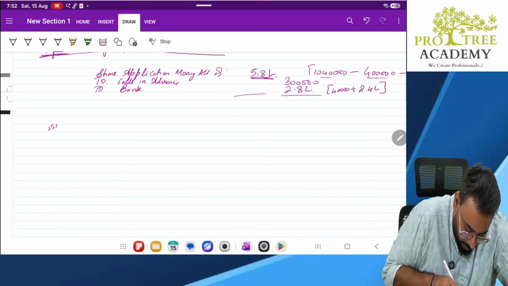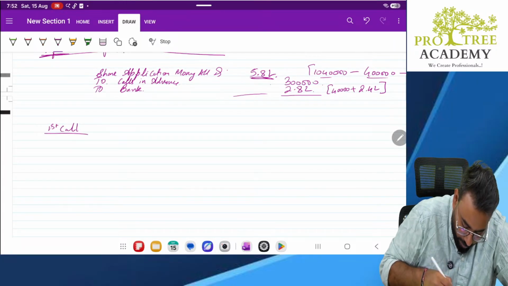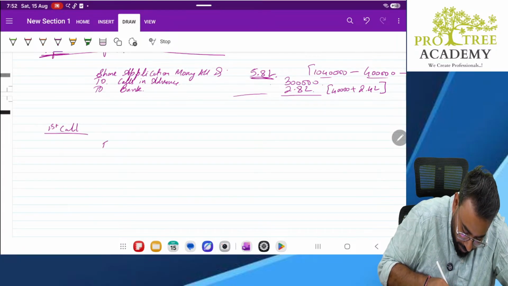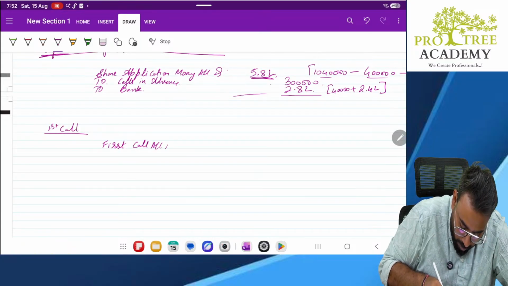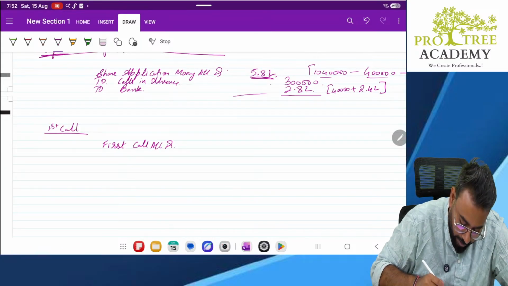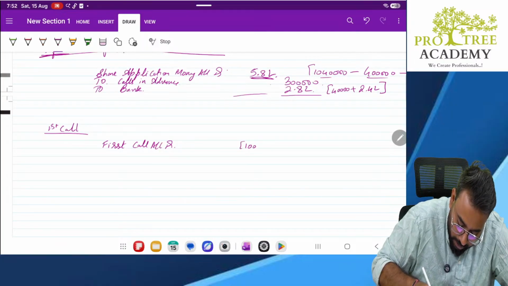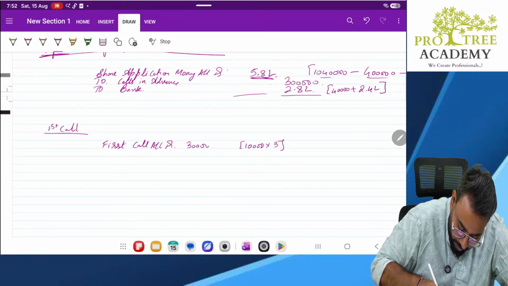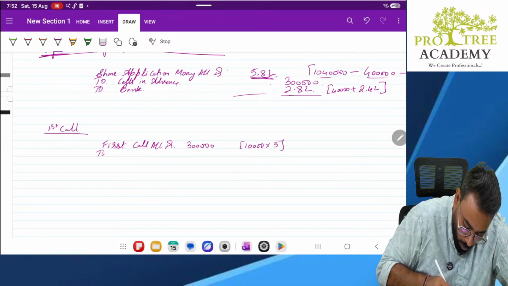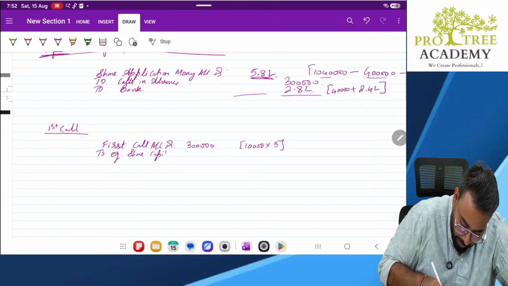First call. What is the entry? First call account debit. How much? Sir, 1 lakh shares into 3 rupees each. Very good. 3 lakhs. To equity share capital.